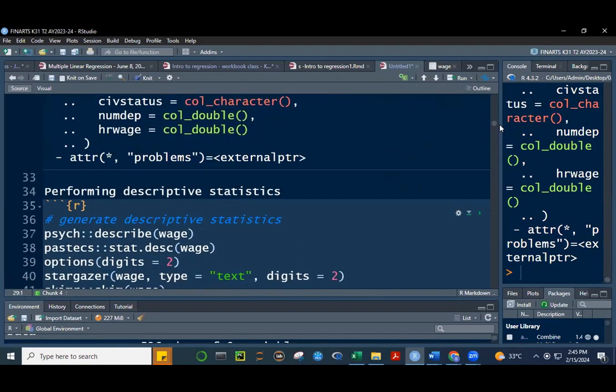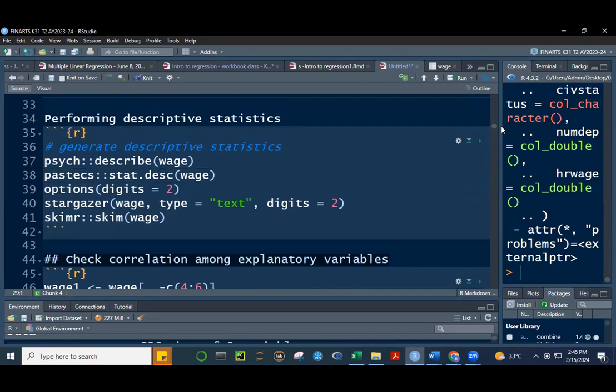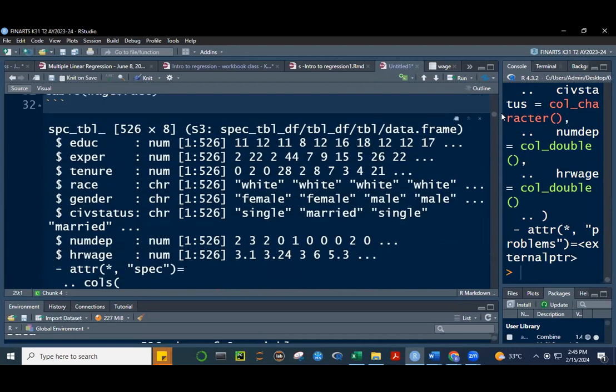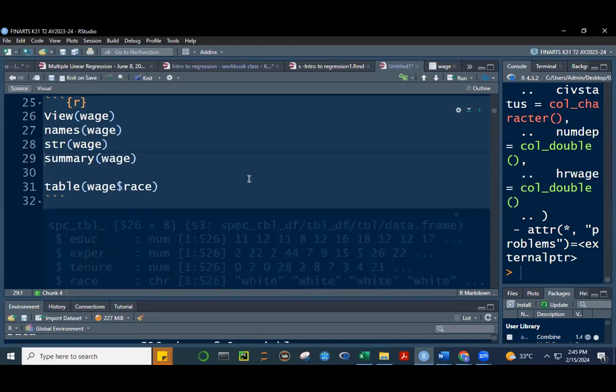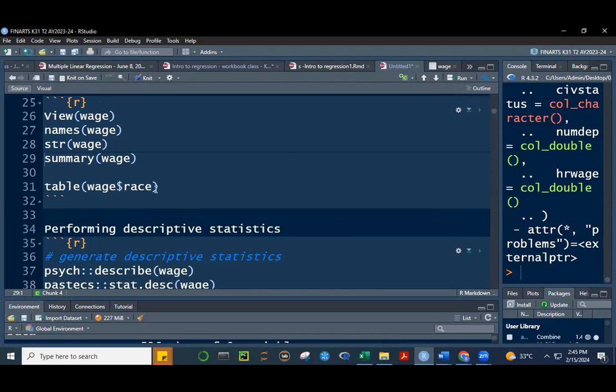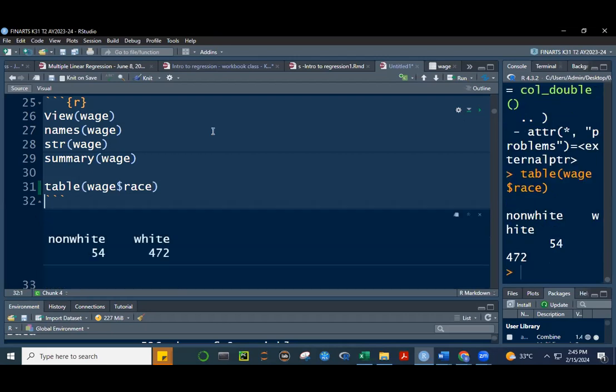Okay, and then we can take a look at the levels. For example, race is a categorical variable. We can use a table function to determine what are the levels in the race variable. Here, there are 54 non-white and 472 white workers in this data set.